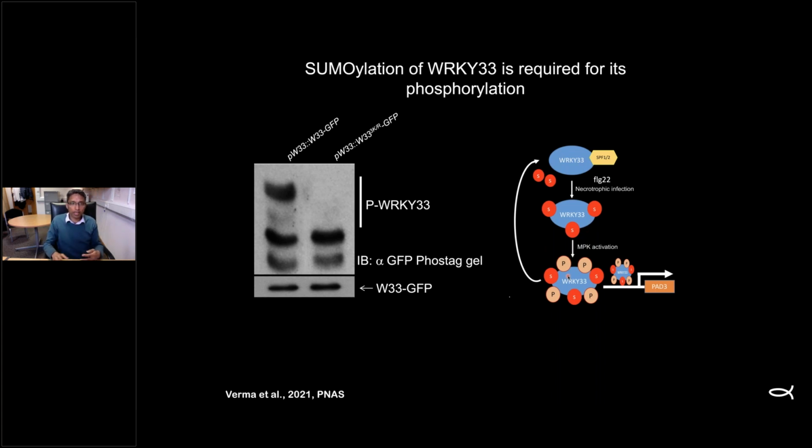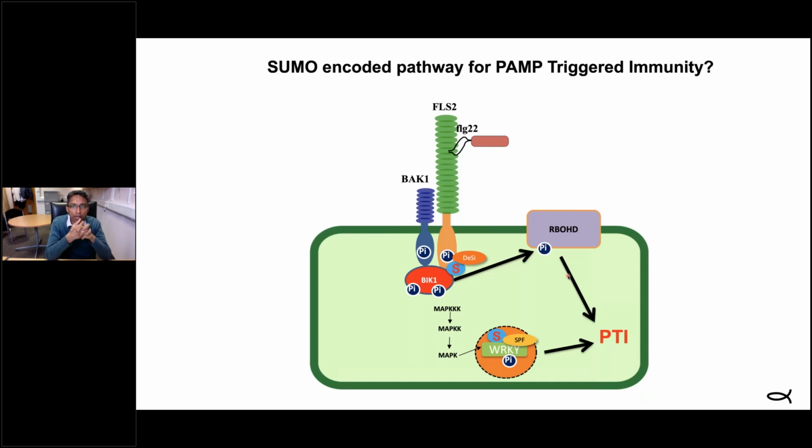So we may have a SUMO-encoded pathway here, with a type of DESI SUMO protease which, upon flagellin binding to FLS2, starts the signaling right at the membrane, through a specific set of DESI-type SUMO proteases, all the way down into the nucleus, where SUMOylation of WORKY33 gives rise to transcriptional reprogramming.